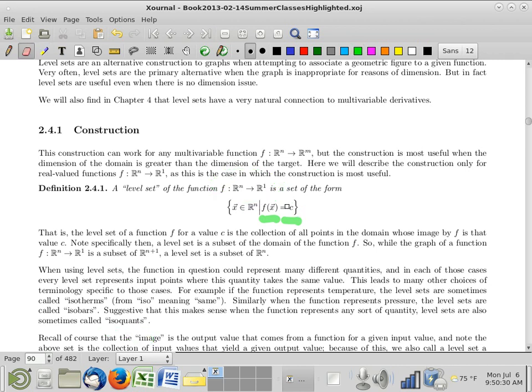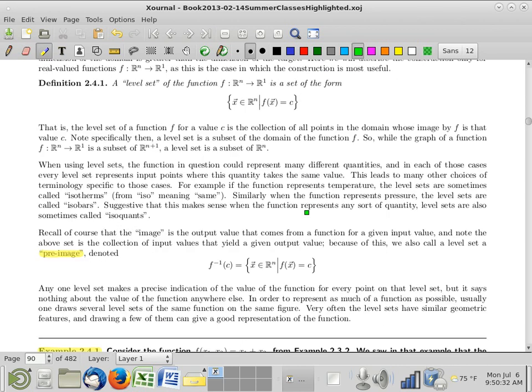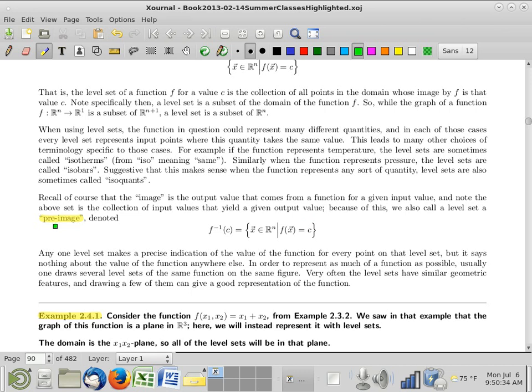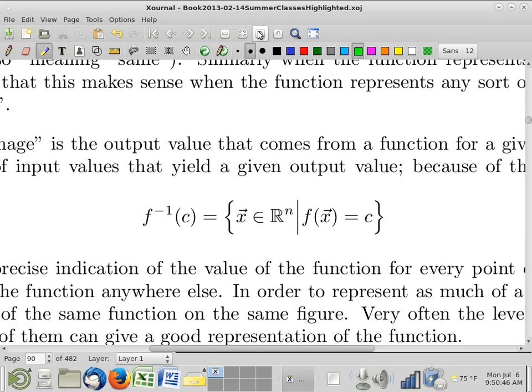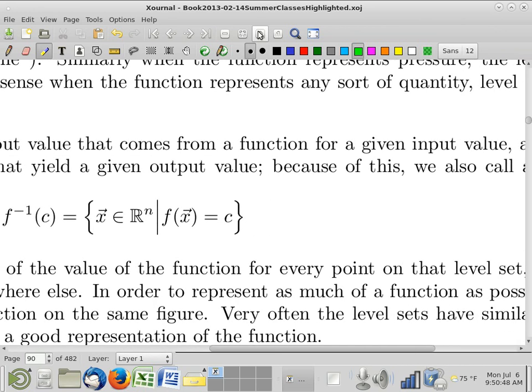Okay. All right, now one more little bit of terminology before I start drawing pictures. I want to motivate this term preimage. I'm going to draw a little picture here.